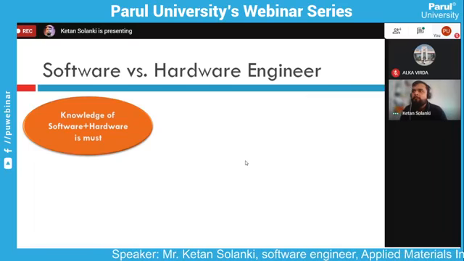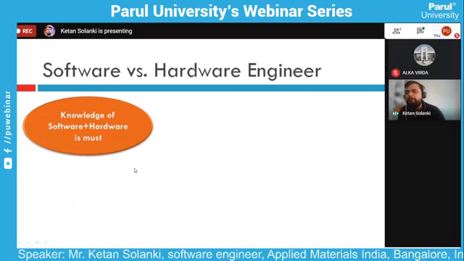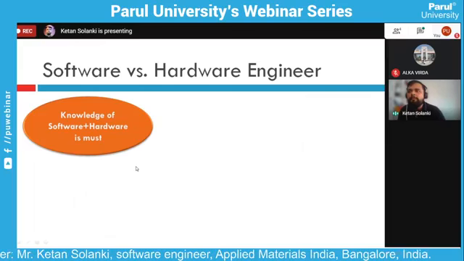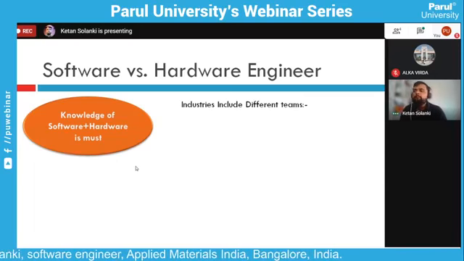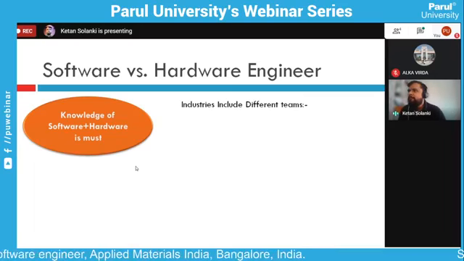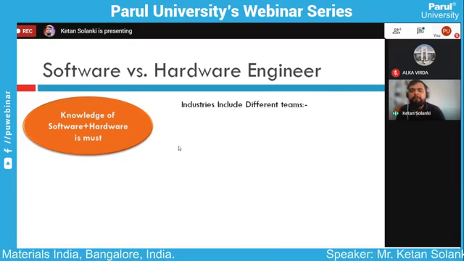So as a software engineer or hardware engineer, we should know the software skills as well as the hardware skills. Why do we need this type of software plus hardware knowledge?